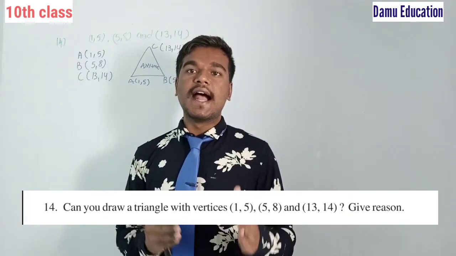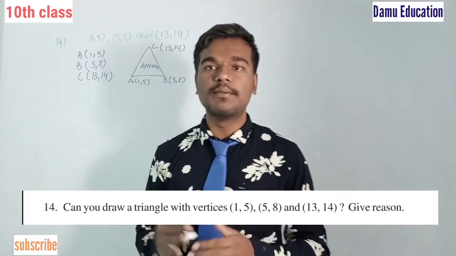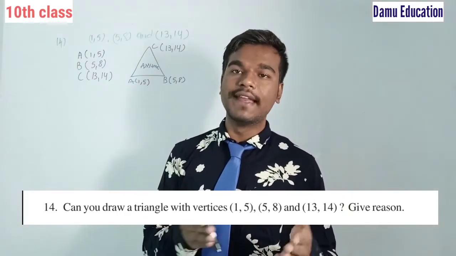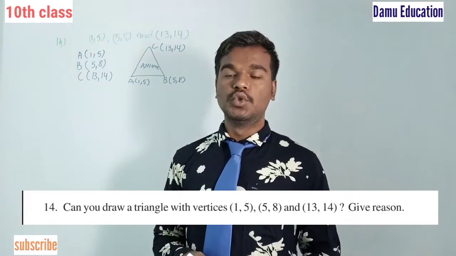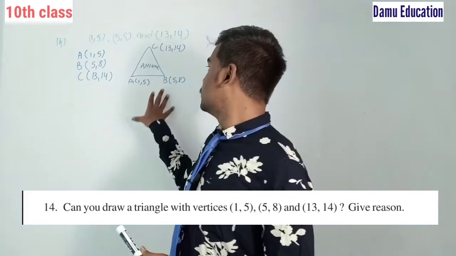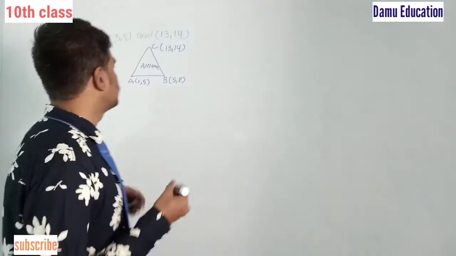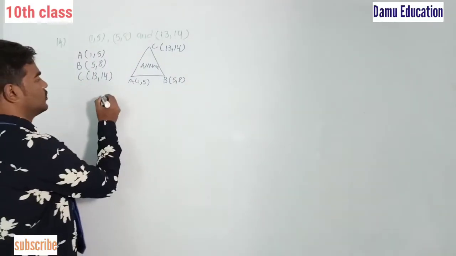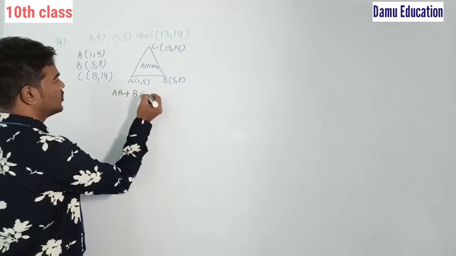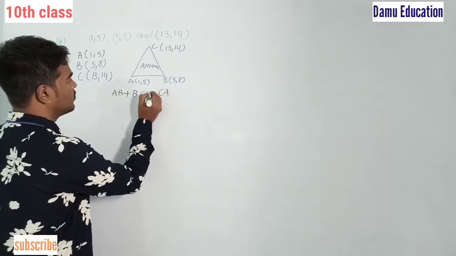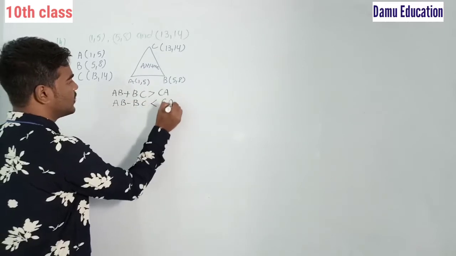If the sum of two sides is greater than the third side, or the difference of any two side lengths is less than the third side, then the triangle exists. The condition here is: AB plus BC should be greater than CA, or AB minus BC should be less than CA.